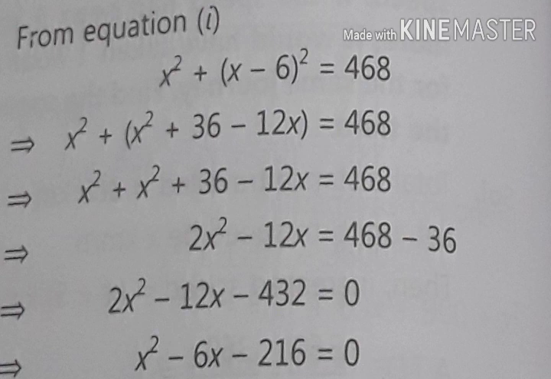Then you will get 2x square minus 12x minus 432 equals 0. Then all the terms have a common factor, so we can simplify the equation by dividing by 2. So we got the equation x square minus 6x minus 216 equals 0.